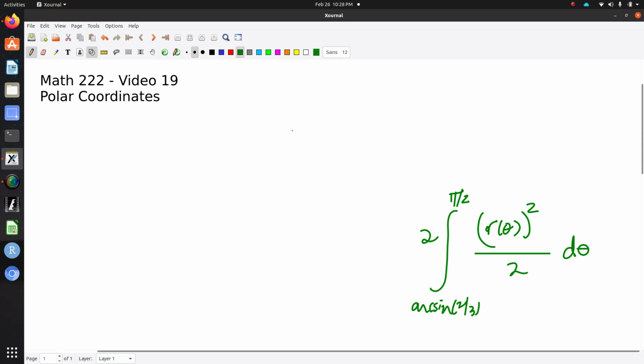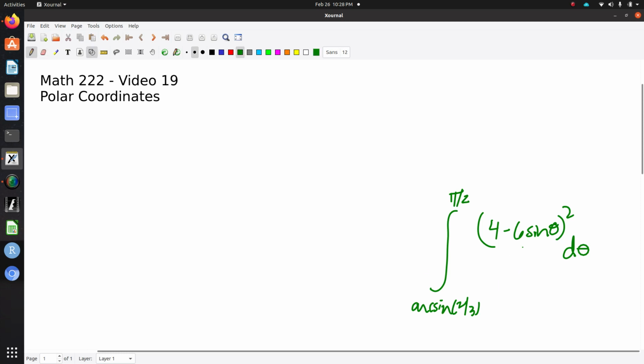And then I'm going to put inside here the actual function, which is 4 minus 6 sine of theta, and I'm going to square that, but the 2's are going to cancel out, so I don't need these 2's anymore. I don't need this divided by 2.